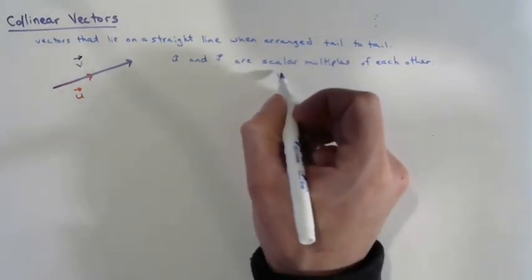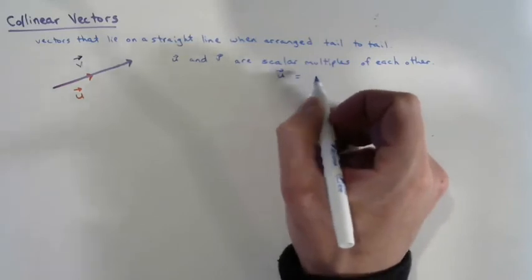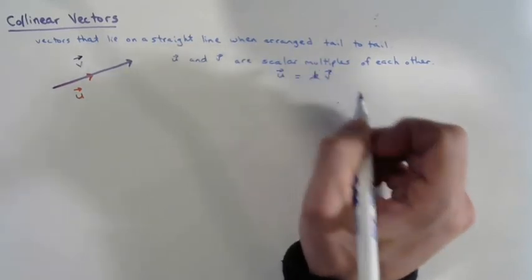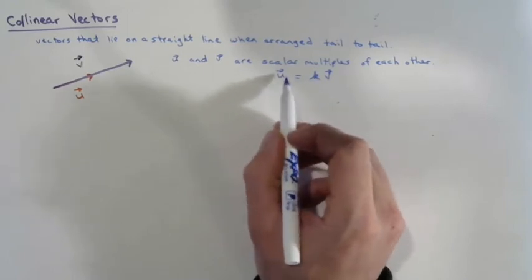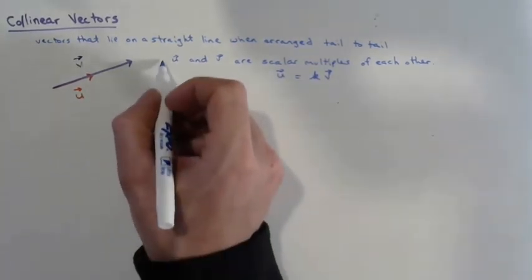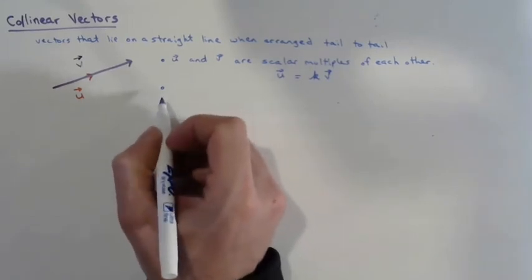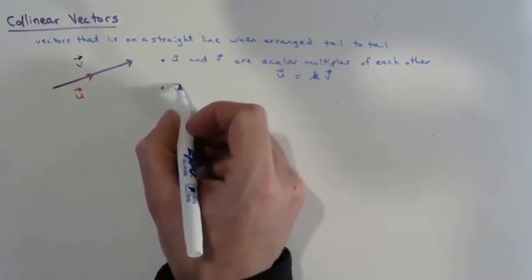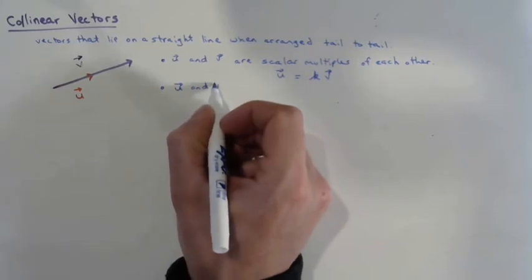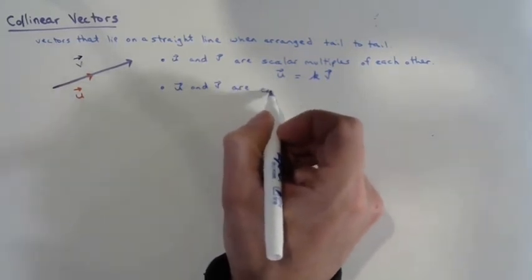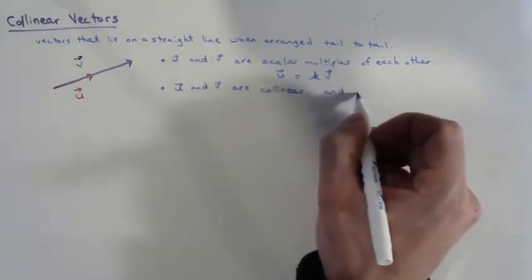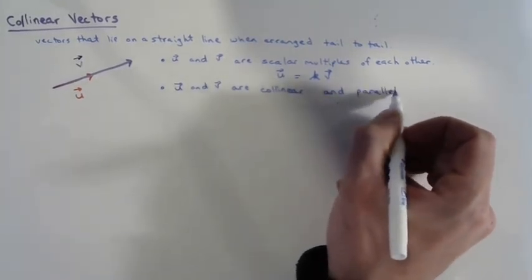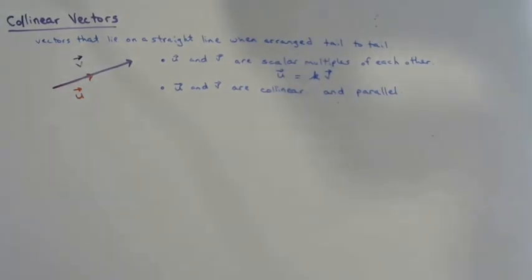That means that u can be equated to k times vector v, and vice versa, v equals k times u, but the k would be different. The scalar multiple would be different. What else do we have? We have u and v are collinear and parallel. Okay, this will be true about non-zero vectors.